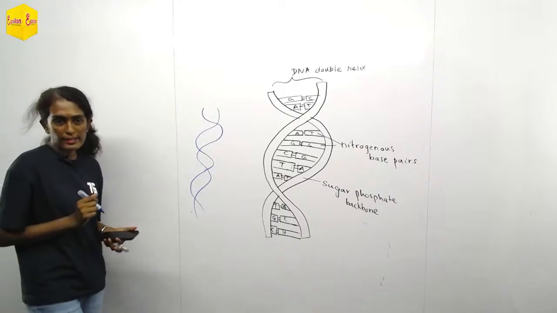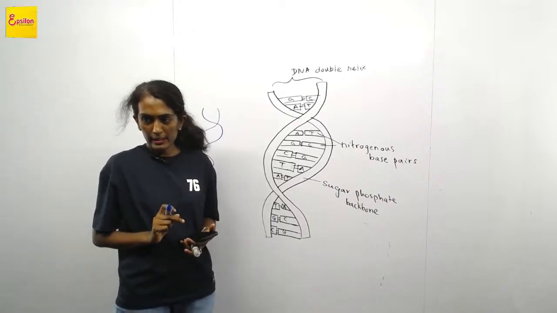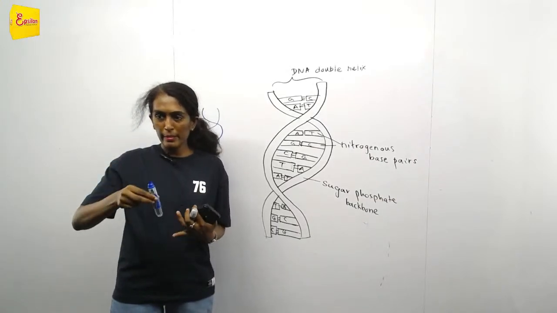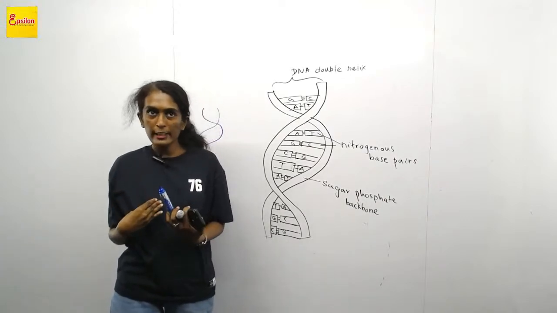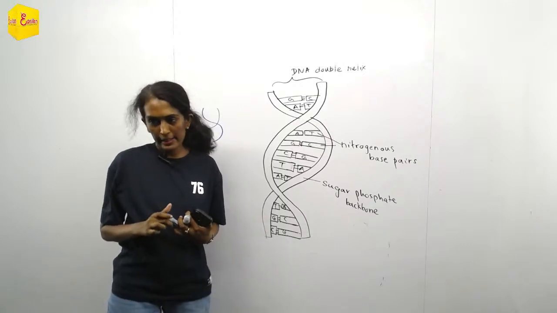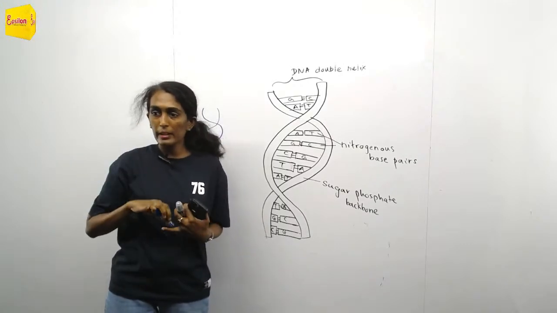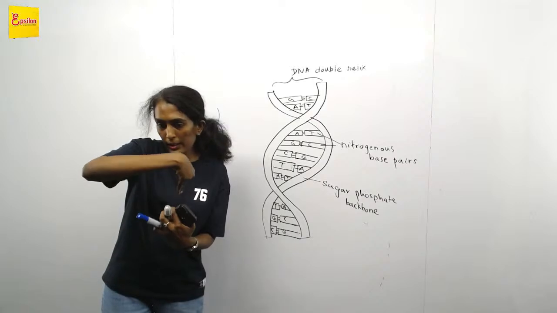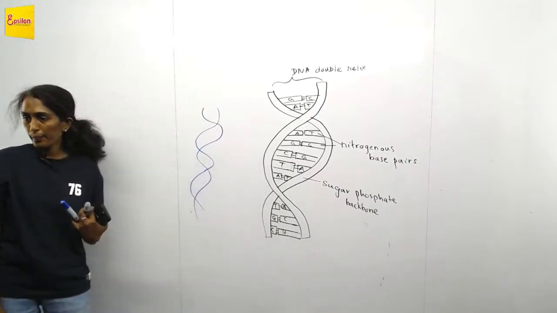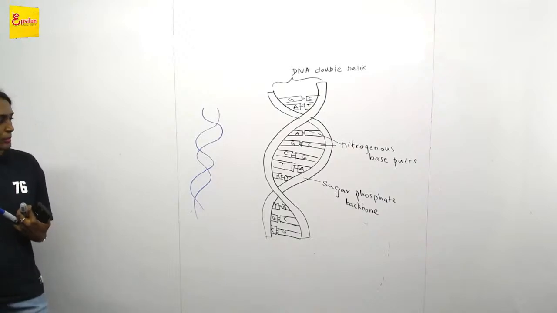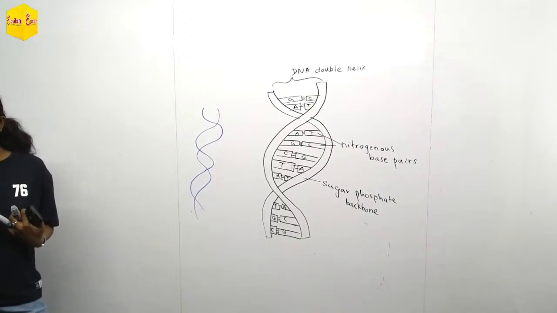Not the imaginary axis, the interior of the helix. This is the imaginary axis, and around that the helix is folding. We can't say exactly that the hydrogen bonds are inside the imaginary axis. The whole helix is turning around the imaginary axis, right? Around the axis, the bonds are found.